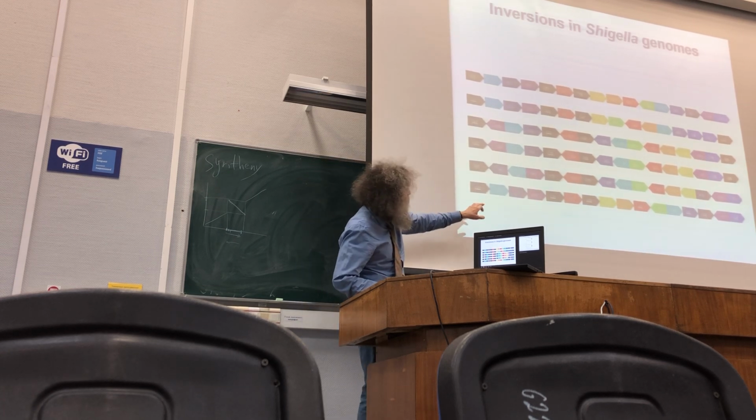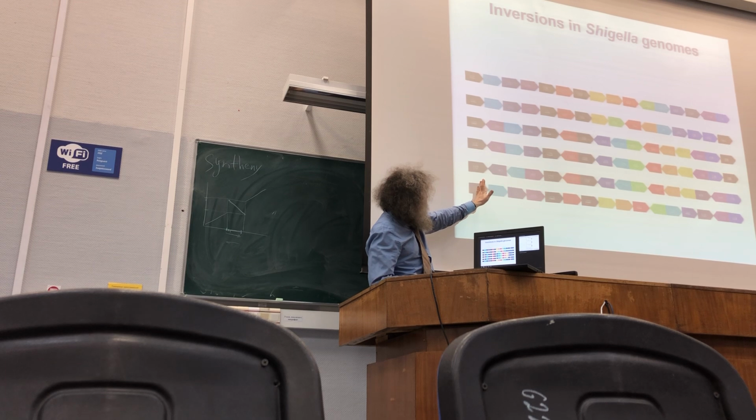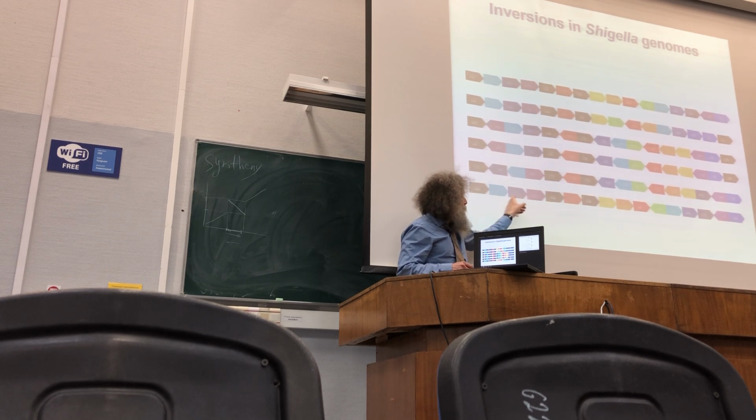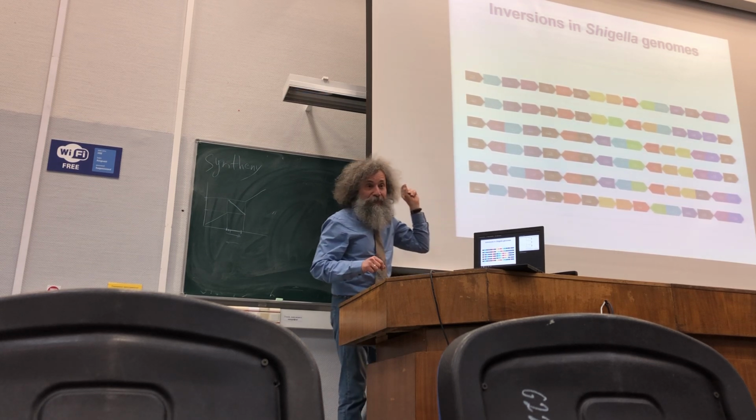Now let's see what happened. Okay, so this group is invariant, and this group is invariant. But something has happened with this group of light blue, dark blue, and violet genes.